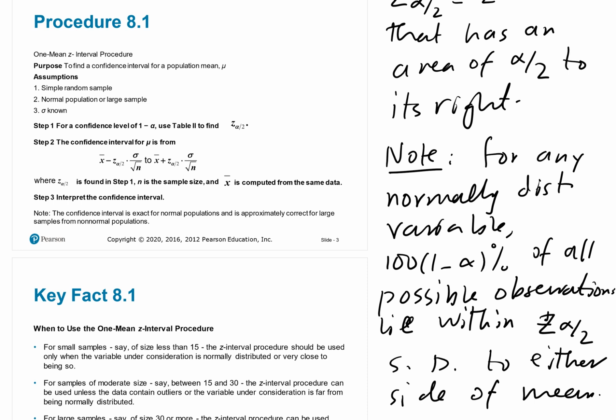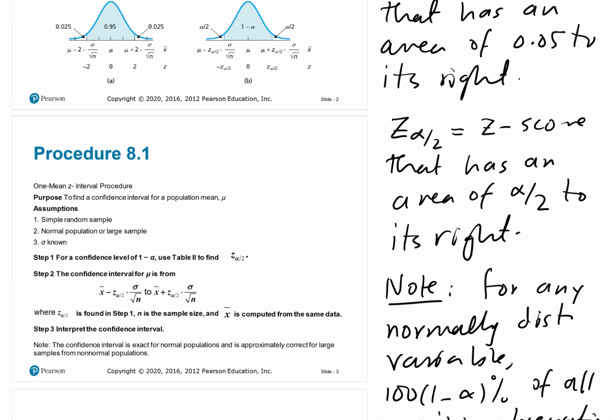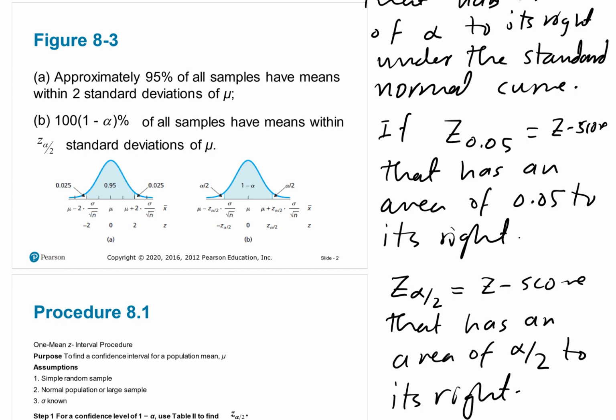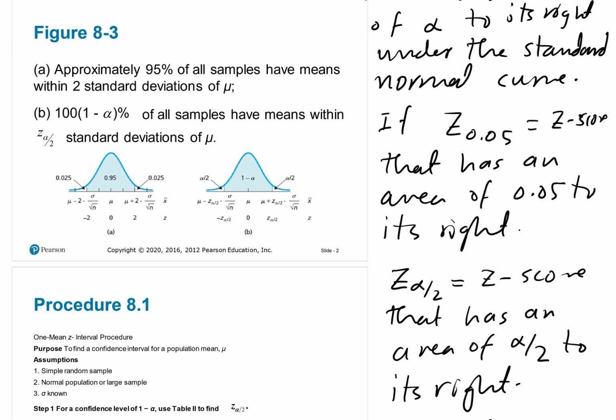So our goal here is to find the confidence interval for the mean when the standard deviation is known. If we look back up here, it says approximately 95% of all sample means fall within 2 standard deviations because of the empirical rule. And this is the one I just wrote: 100 times 1 minus alpha percent of all sample means fall within z sub alpha over 2 standard deviations of the mean.